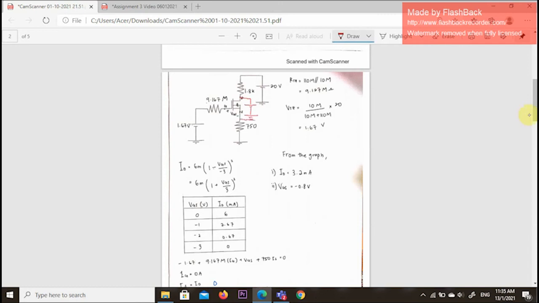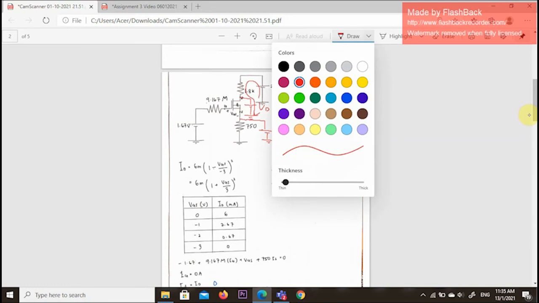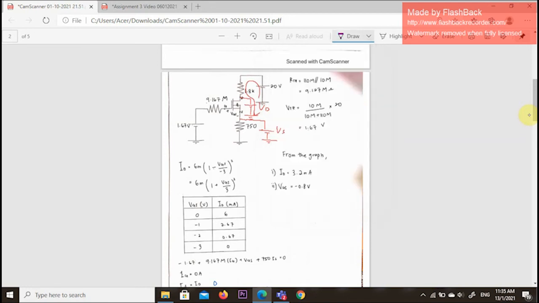Sorry for my bad drawing. So this is VD, this is VS. We can apply this loop to find VD, and we can use this loop to find VS.